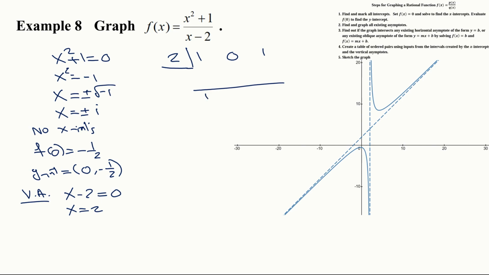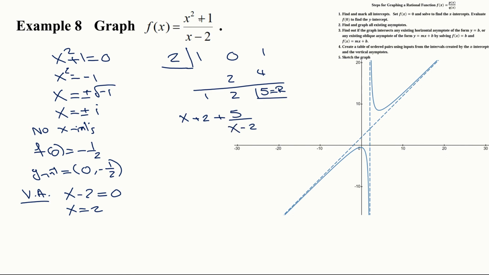So we drop the 1 down, and then 1 times 2 is 2, 2 and 0 give us 2, 2 times 2 is 4, 4 and 1 gives us 5. That's the remainder. So the result of the division gives us x plus 2 plus 5 over x minus 2.